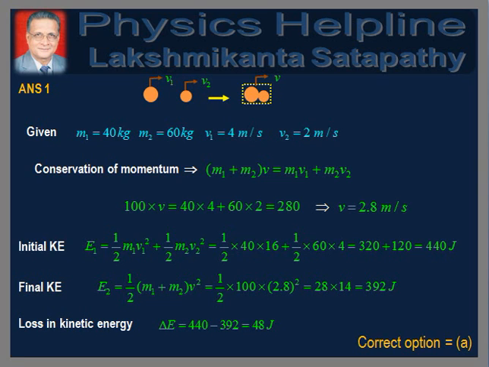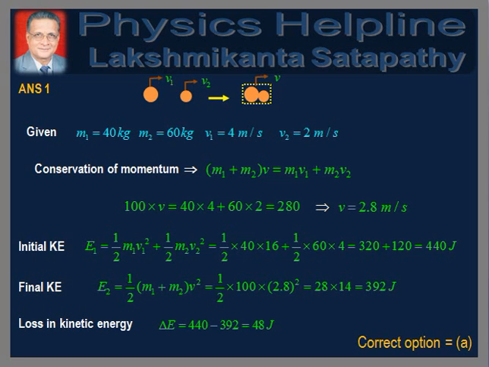Applying the principle of conservation of linear momentum, we get (m1 plus m2) into v is equal to m1 v1 plus m2 v2. This implies (40 plus 60) into v is equal to 40 into 4 plus 60 into 2.